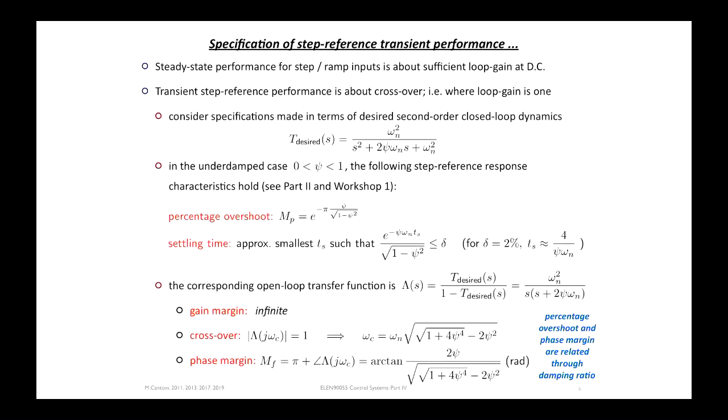Now, we don't always have lots of information about these sorts of things, okay? But you can often think of how the closed loop is going to behave in terms of dominant second order dynamics, all right?